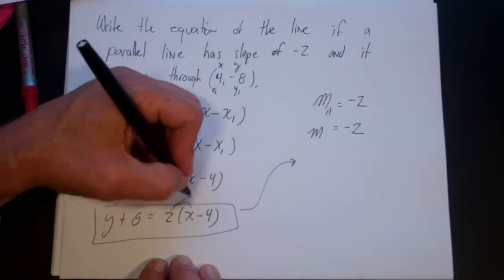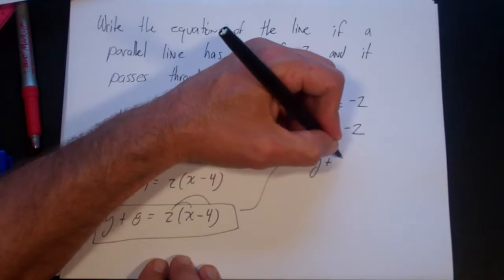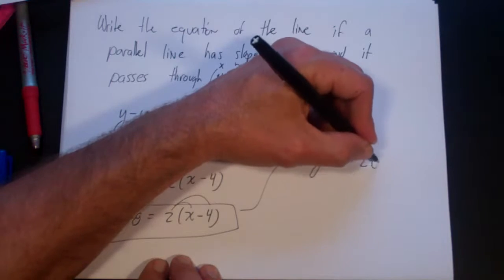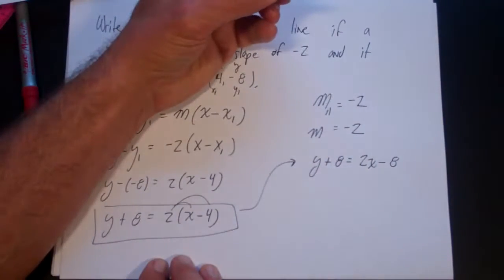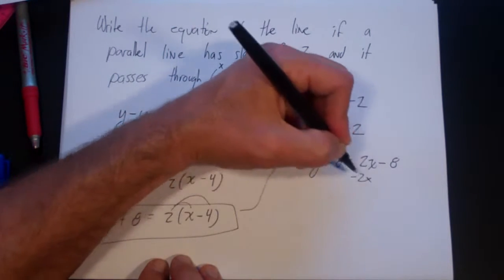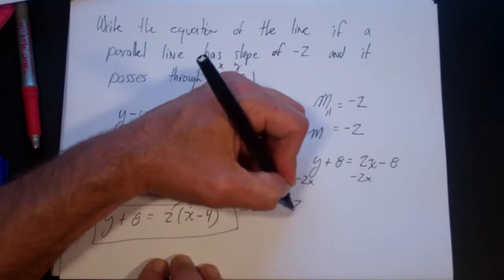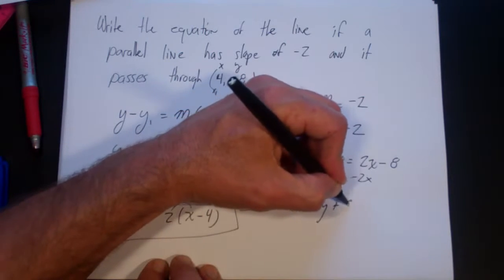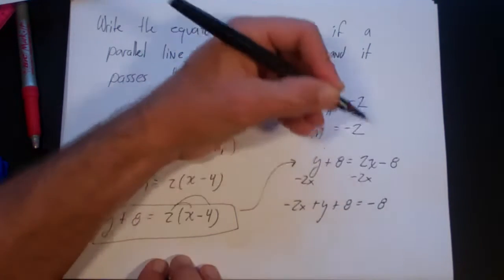the first thing I'm going to do is distribute the minus 2, so I get y plus 8 is equal to minus 2x plus 8. Now I'm going to move the 2x over here, so that's plus 2x and plus 2x. So 2x plus y plus 8 is equal to 8.